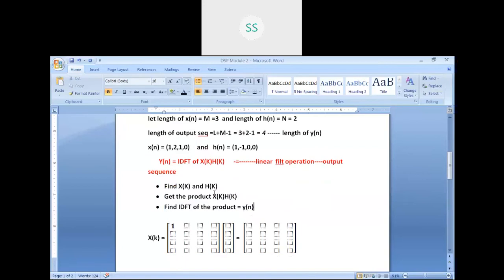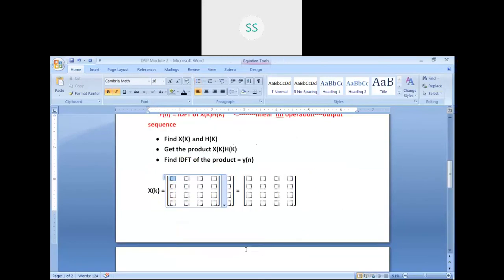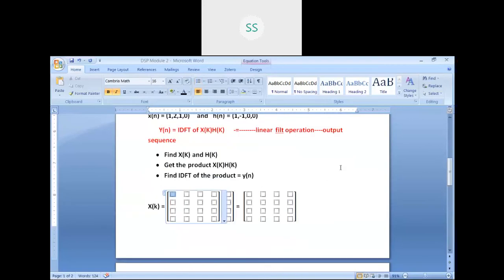Let us consider how to generate X of k. Find X of k by the simple matrix method, because in these problems you have to find both DFT and IDFT, so it is better to solve by matrix.